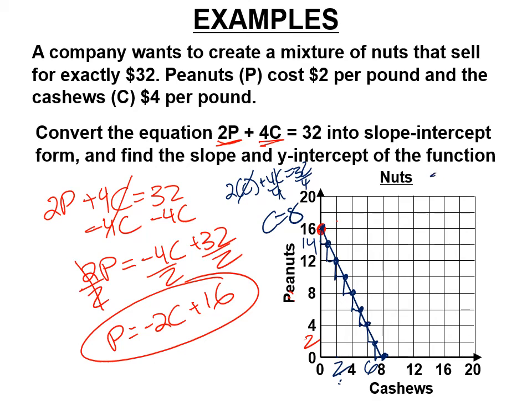All right, and so then, oh gosh, I'm constantly doing this backwards. 2p plus 4c equals 32. When c equals 0, that crosses out. 2p, divide both sides by 2. p equals 16. That comes out right.